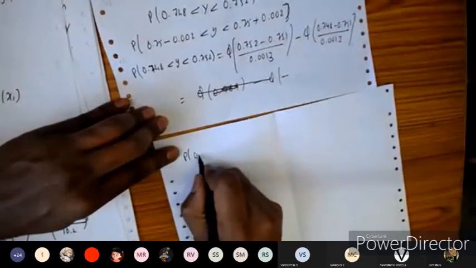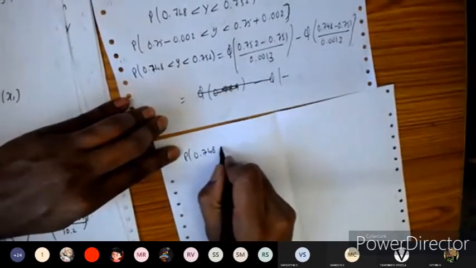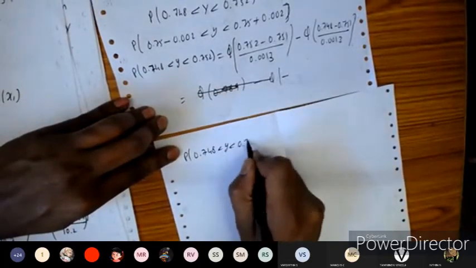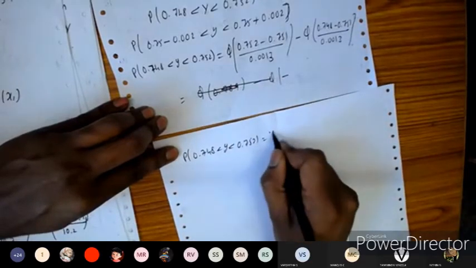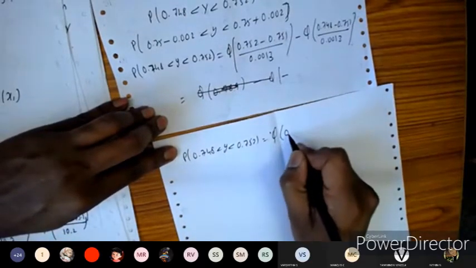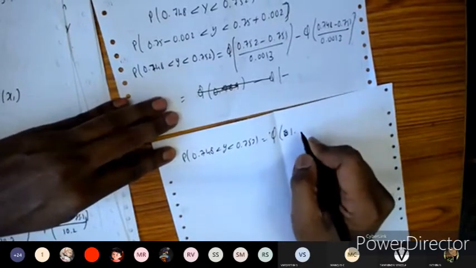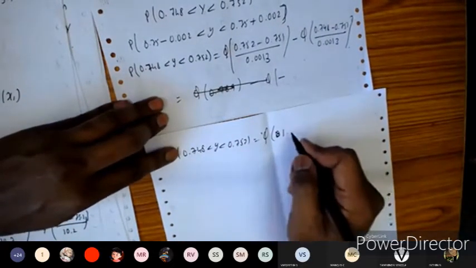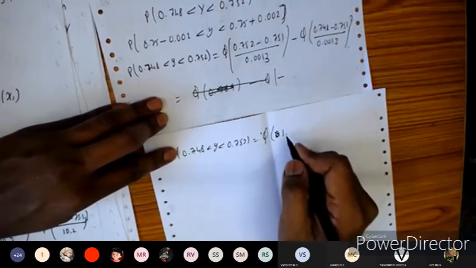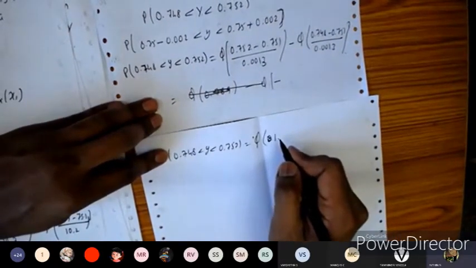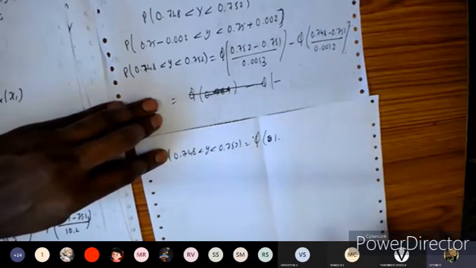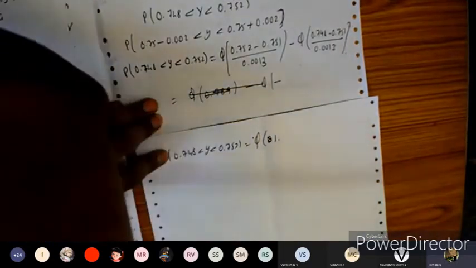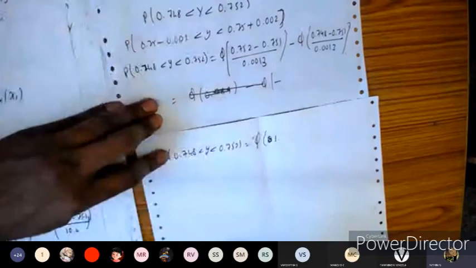So the probability that, how much? Can you repeat the answer? No, sir. Previous answer, sir, whatever you wrote. Which one? 0.769.